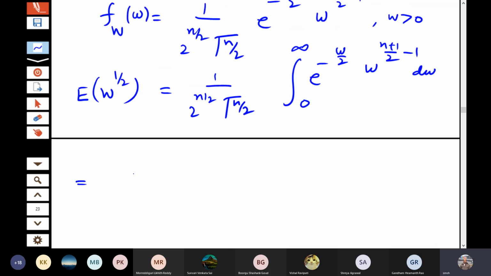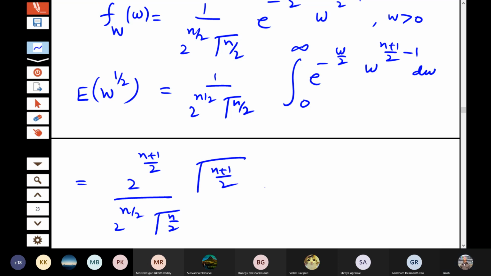So this is equal to 2 to the power (n plus 1) by 2 divided by 2 to the power n by 2 gamma n by 2, times gamma (n plus 1) by 2. So that is square root 2 gamma (n plus 1) by 2 divided by gamma n by 2.